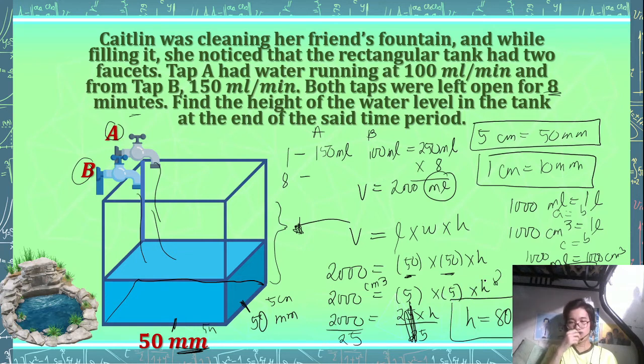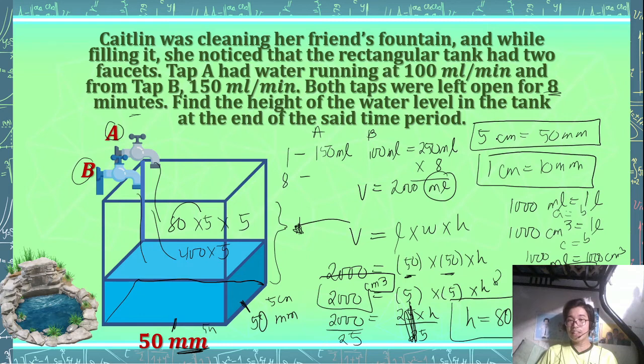Let's check that. If this is 80 cm, and then we have 5 by 5, what's 80 times 5 times 5? 80 times 5 gives us 400, and 400 times 5 gives us 2000. So we got the 2000 cubic cm for this one.